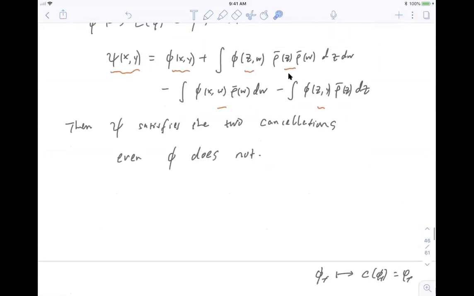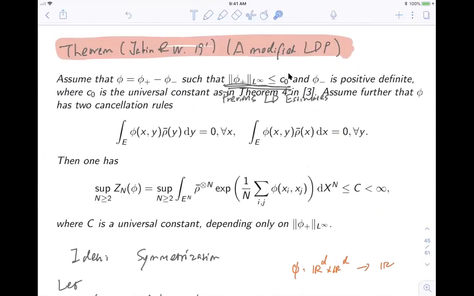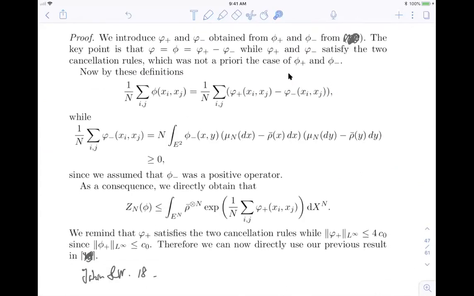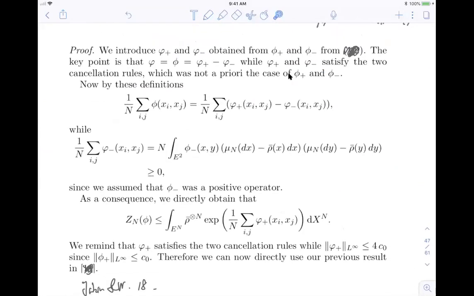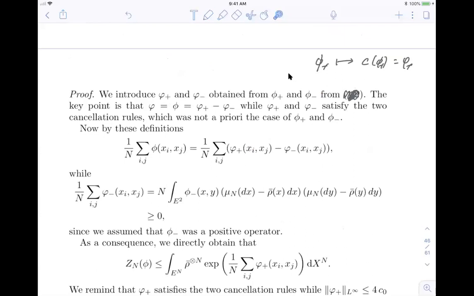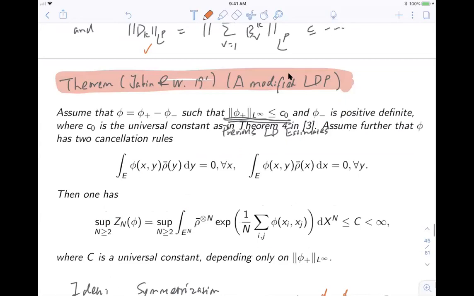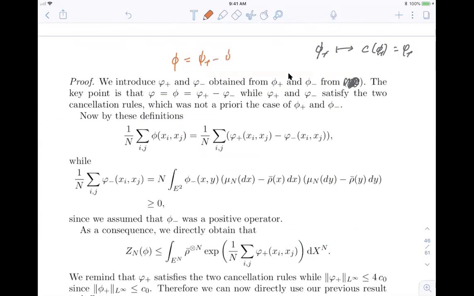So now we can prove our previous modified large deviation estimate. Okay. So how to do that? Originally, phi equals the positive part minus the negative part, phi plus and phi minus.